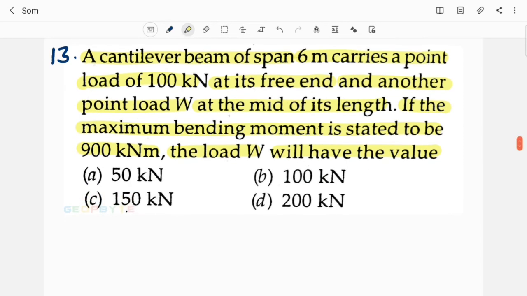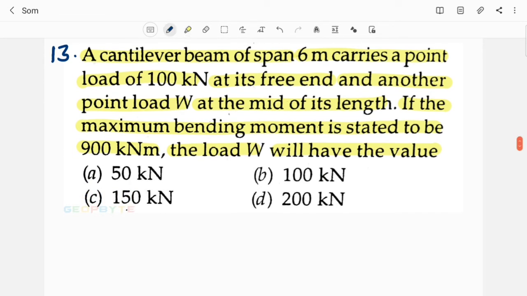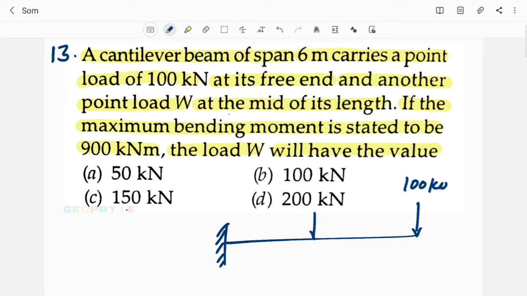This problem also is for a cantilever beam, may be like this. Cantilever beam subjected to one point load at the free end, that is 100 kilonewtons, and at the middle of the beam one more load is there. The total length is given 6 meters.